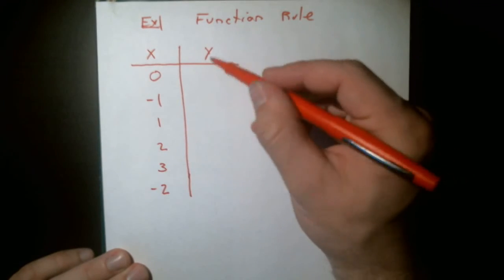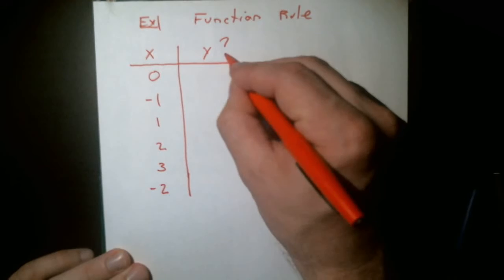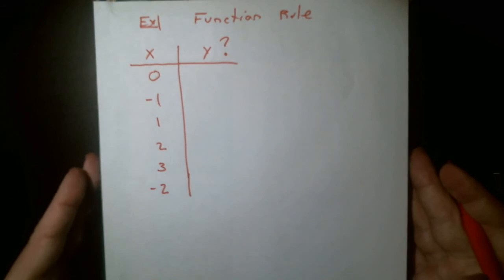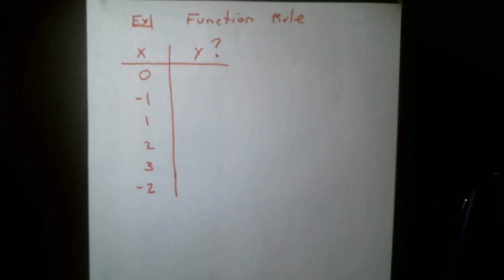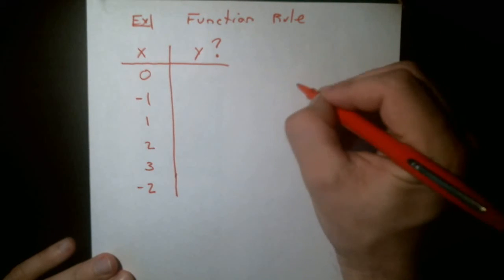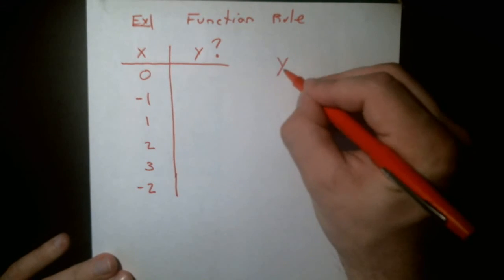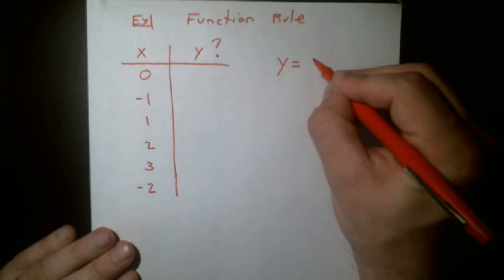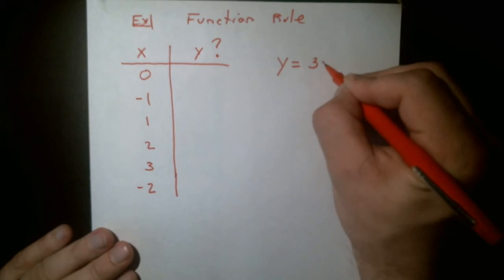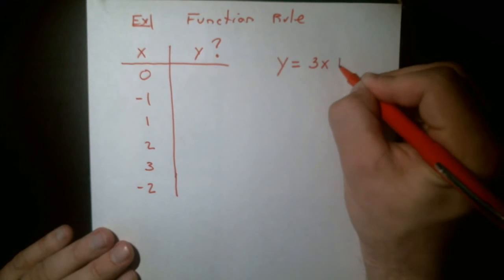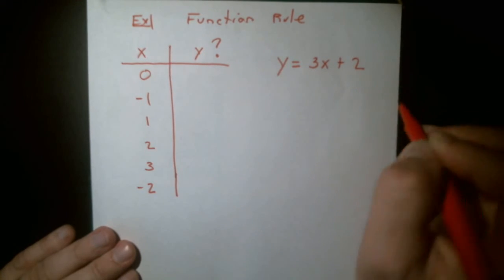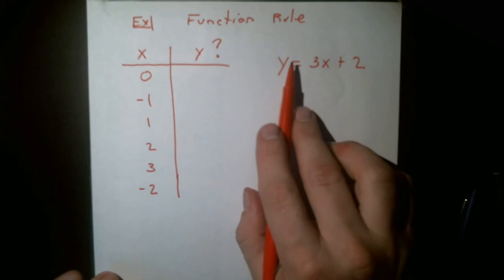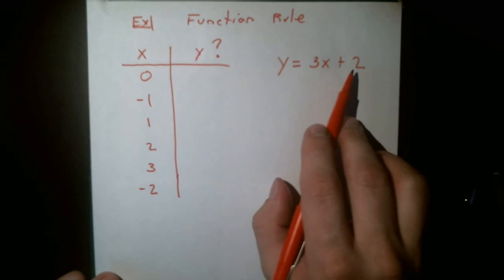I want to get my outputs, so I'm going to put a question mark. I don't know my outputs, but I can get them. I'm going to put an equation right here: y equals 3x plus 2. Remember, y equals 3x plus 2?